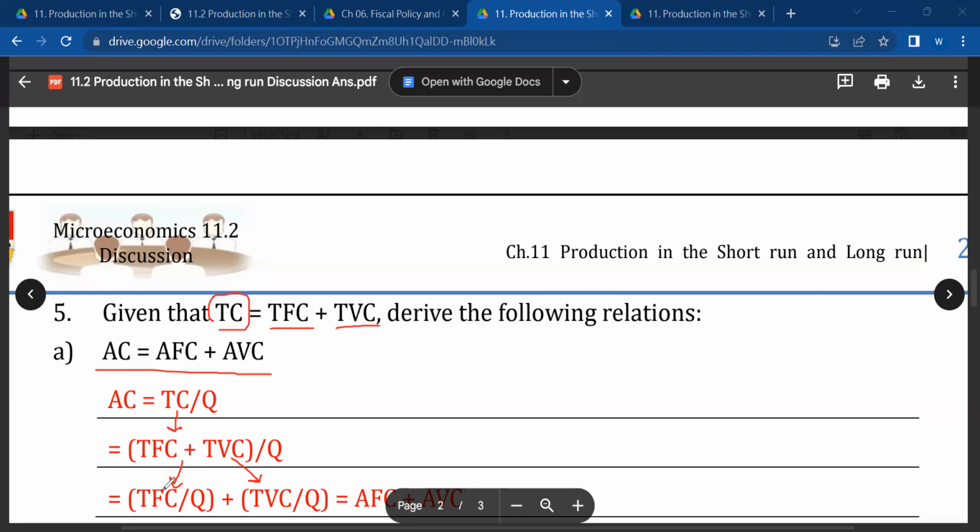First part is the total fixed cost divided by the quantity, and the second part is the total variable cost divided by the quantity. So it equals the average fixed cost plus the average variable cost. We just want to prove why, given this equation, we can get this equation. Okay, so please write down the answer.